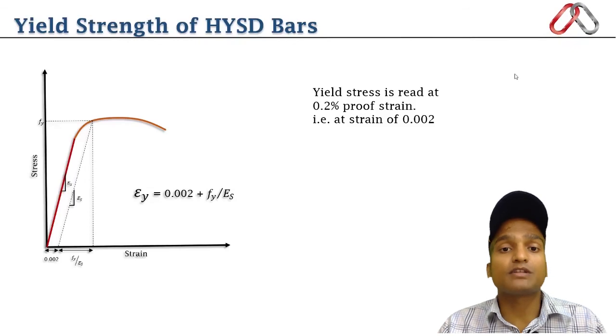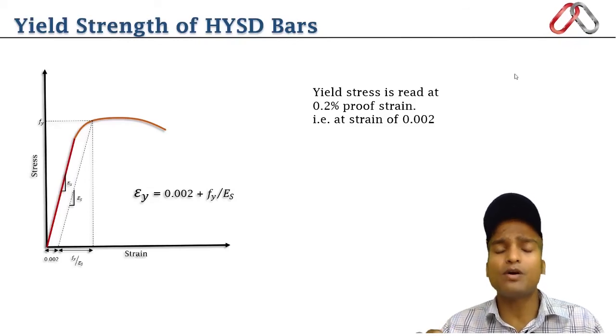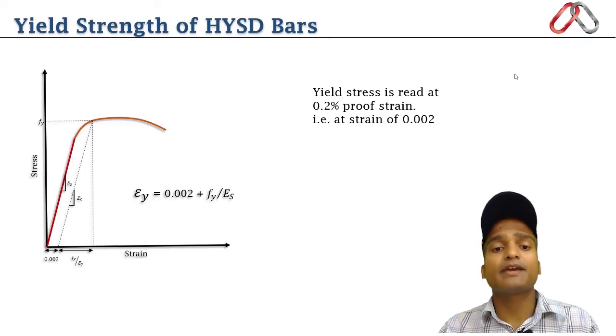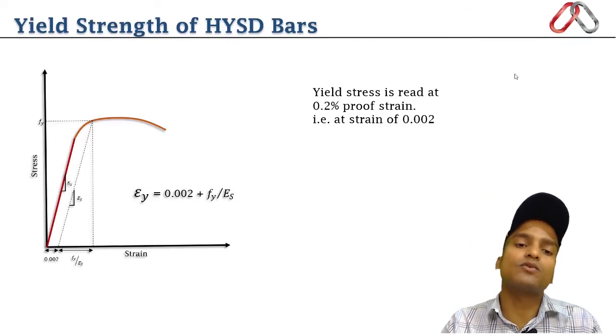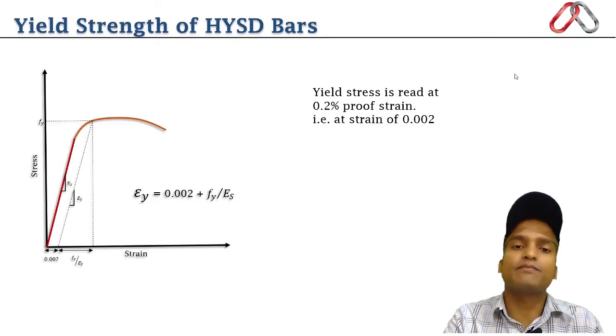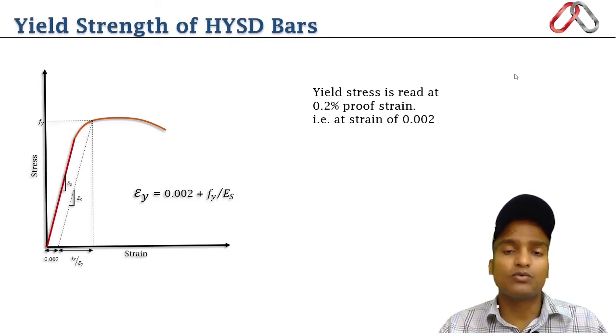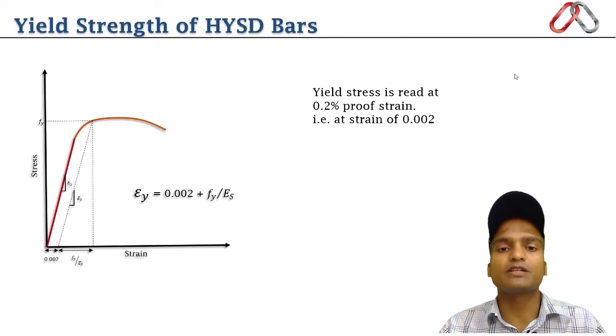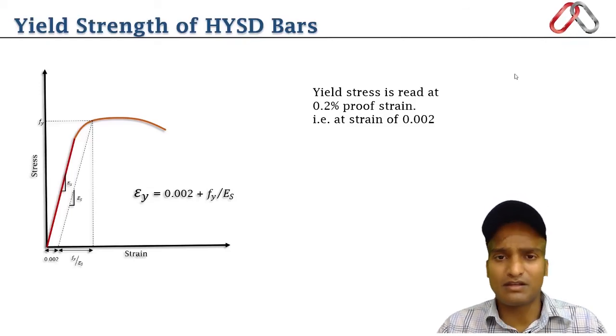The strain value corresponding to the yield stress of HYSD bar is equal to 0.002 plus Fy by Es, because the slope is the same for both the lines. And how does this value of strain come? We have explained it to you elaborately, so I hope this must be very clear to you.